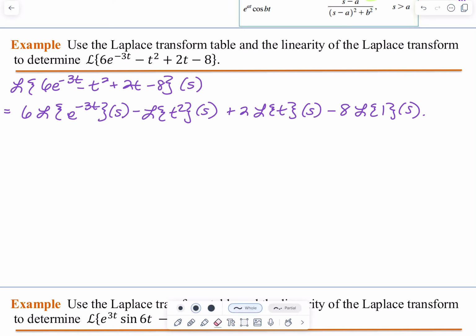Okay, let me just fix that. Looks okay. What I might do is write some of these from the table right below these. So this Laplace transform here from our table, let me redo that.